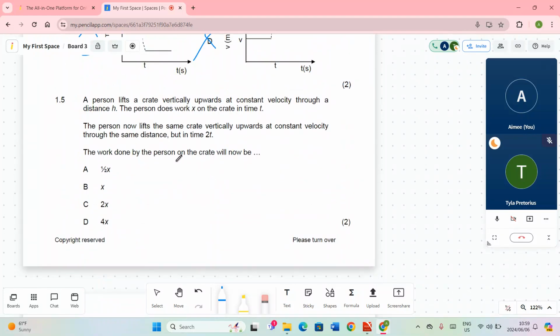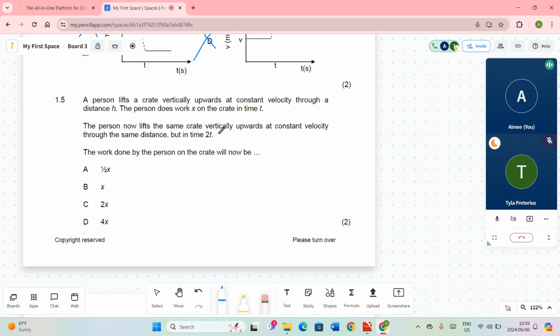Okay, next question. A person lifts a crate vertically upwards at a constant velocity through a distance h. The person does work x on the crate in time t. The person now lifts the same crate vertically upwards at a constant velocity through the same distance, but in time 2t.